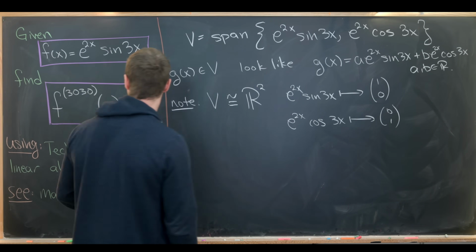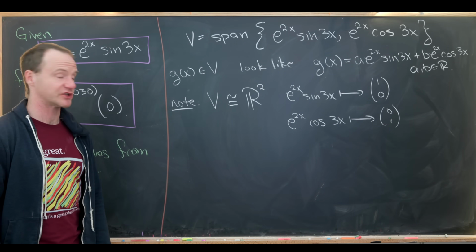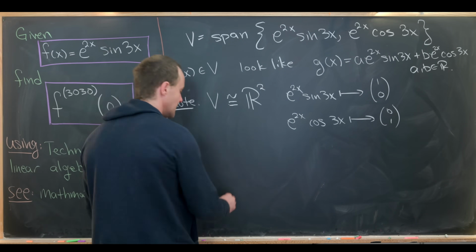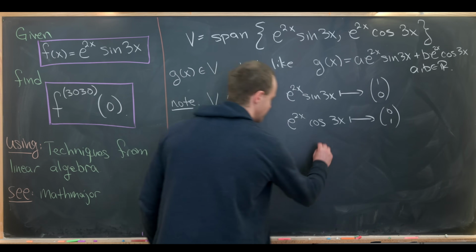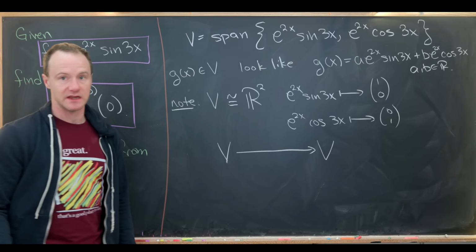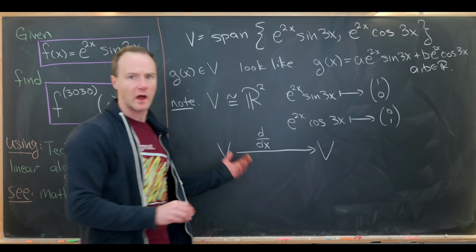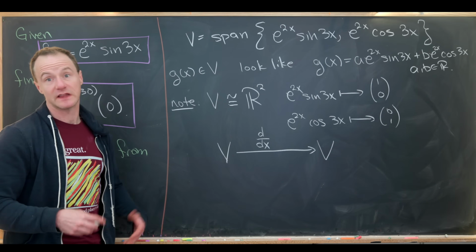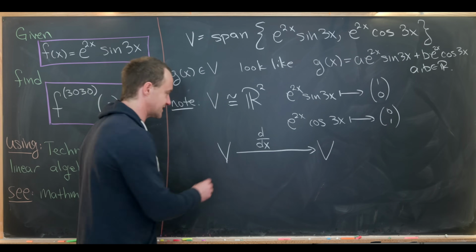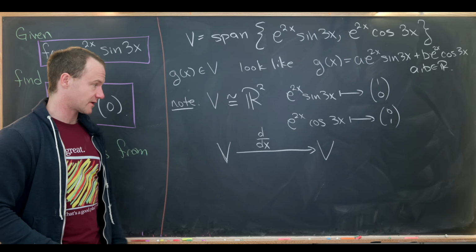Well, we can think about the derivative action as being a linear transformation on the vector space V. And that sets up the following commutative diagram. So let's say we've got V going to V here. Here is our derivative. It's well known that the derivative is a linear transformation on a space of differentiable functions, which is exactly what we have here.